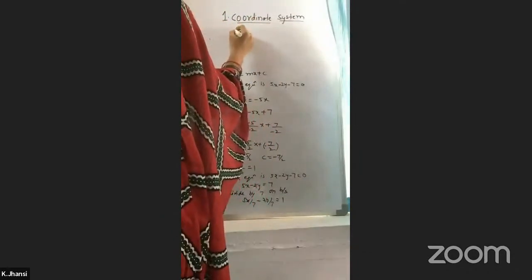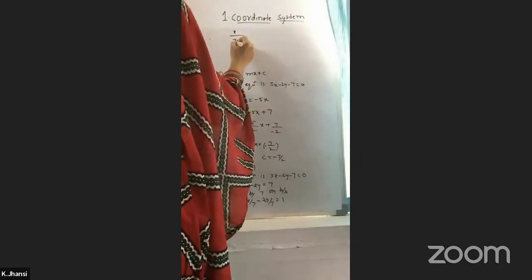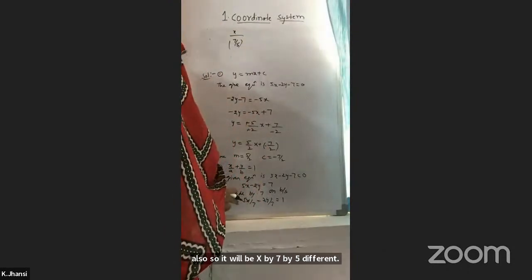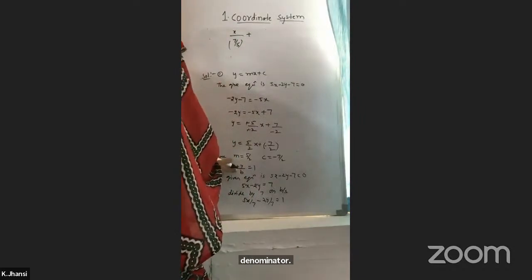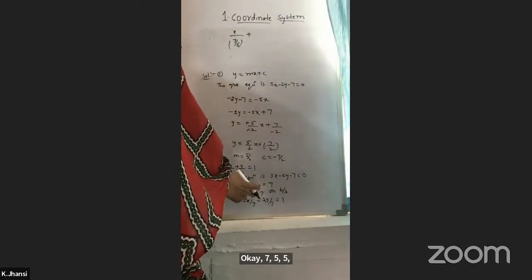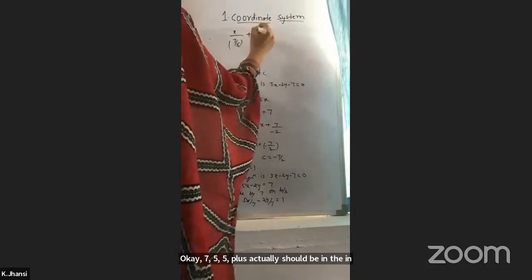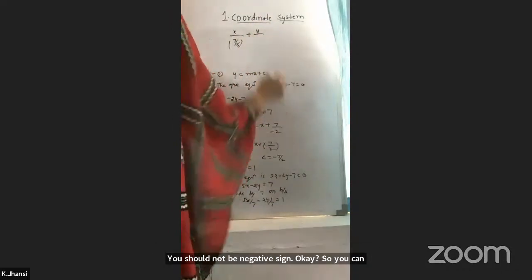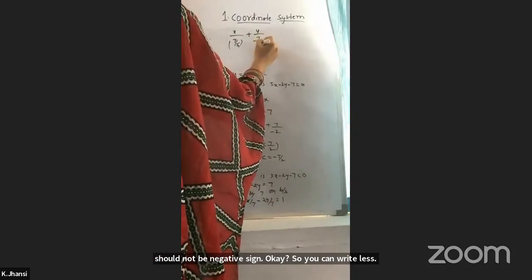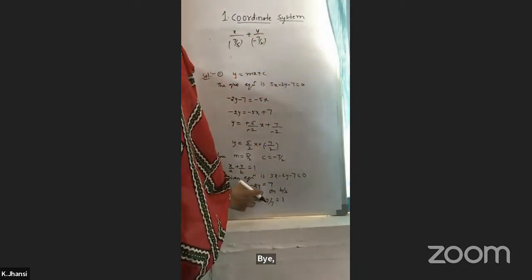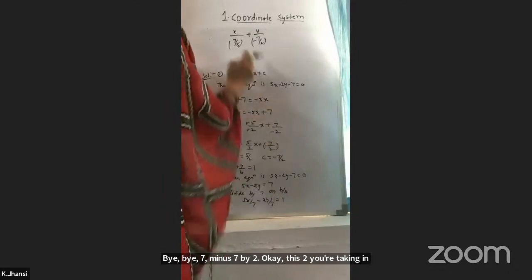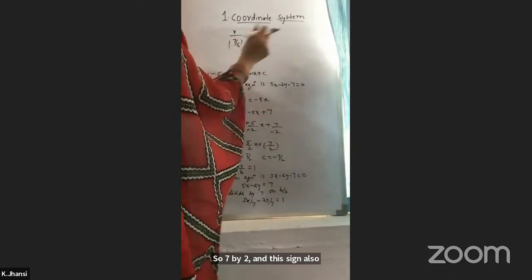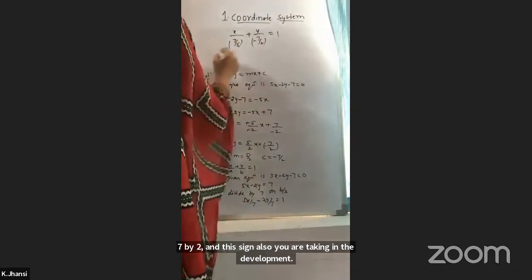So it will be x by 7 by 5. Taking it into the denominator, 7 by 5, plus, the plus sign should be in between, it should not be a negative sign. So you can write plus y by minus 7 by 2. This 2 you are taking into the denominator, and this sign also you are taking into the denominator, so minus 7 by 2 equals 1.